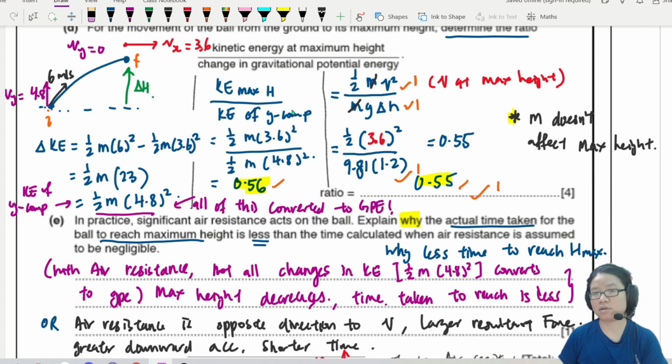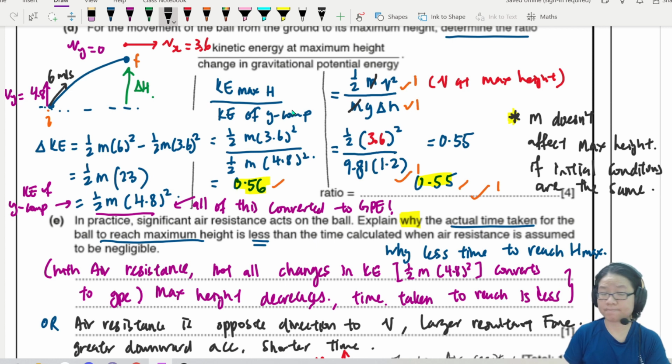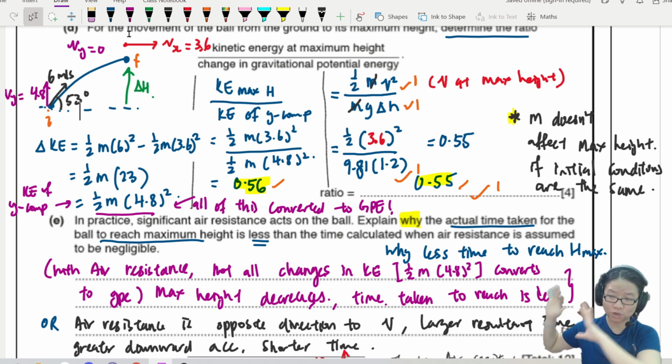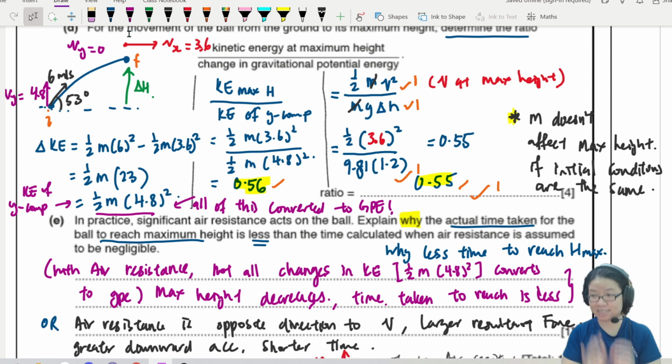If the initial conditions are the same, if I can still kick the ball at 6 meters per second at 53 degrees, the ratios, the values, the maximum height, everything will still be the same. It's just that now if I want to kick a bowling ball or a football at 6 meters per second, I need to use a lot more energy. I need to use a lot more force, but the maximum height is the same.